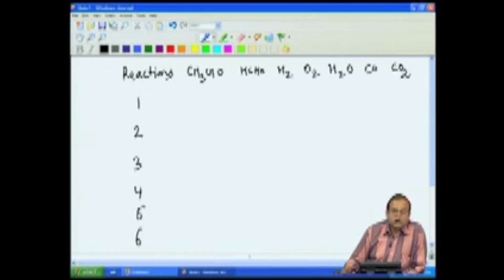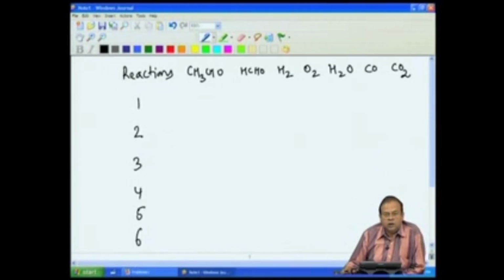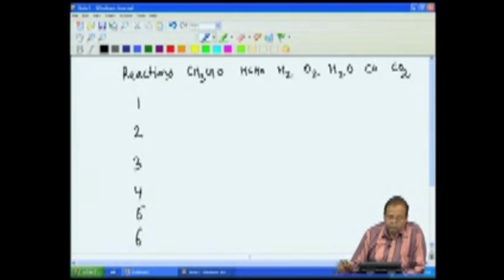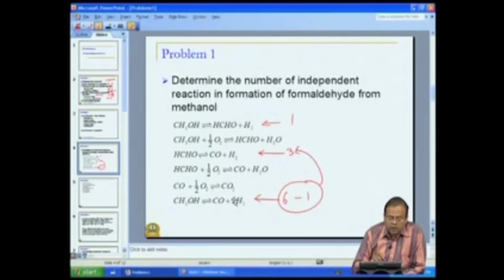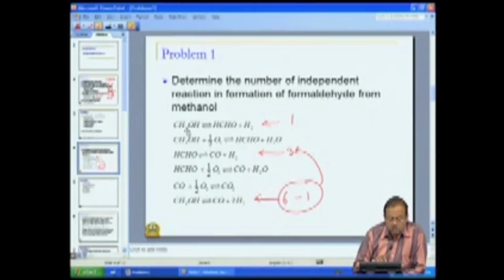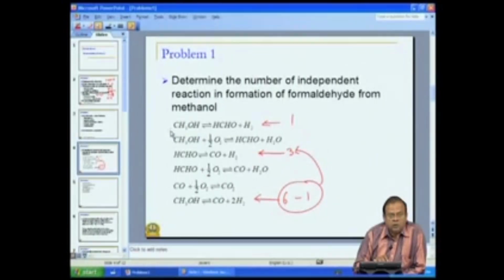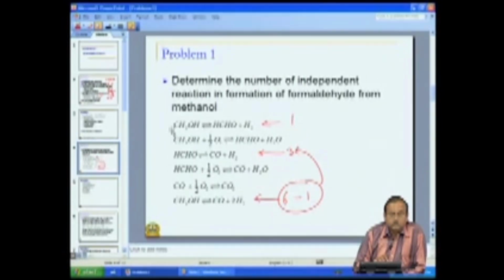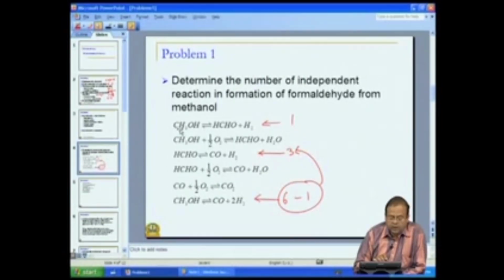So, for each reaction one at a time, we are going to represent the stoichiometric coefficients of these species in a given reaction. So, if you look at the first reaction, my methanol is a reactant with a stoichiometric coefficient 1. So, it will be as per my convention -1 because that is a reactant.